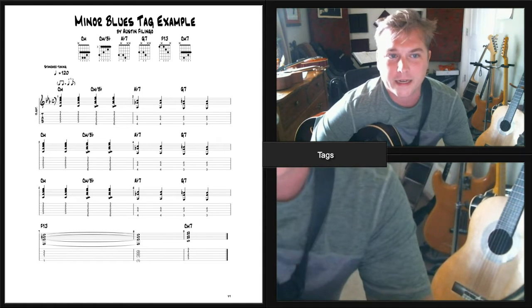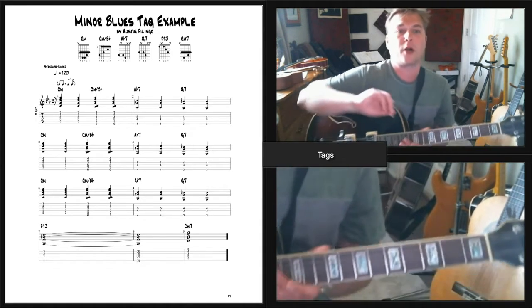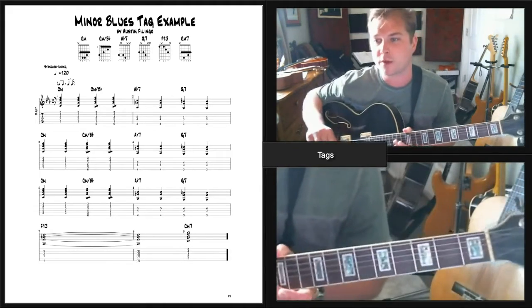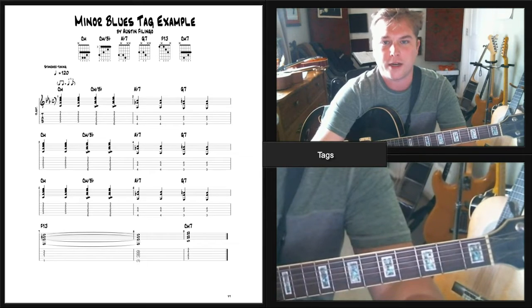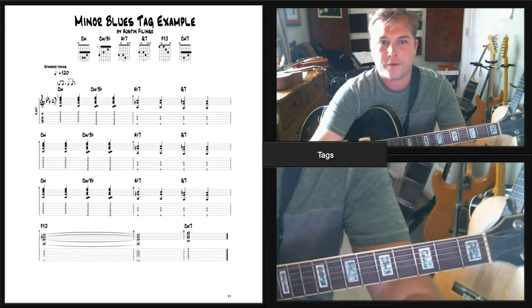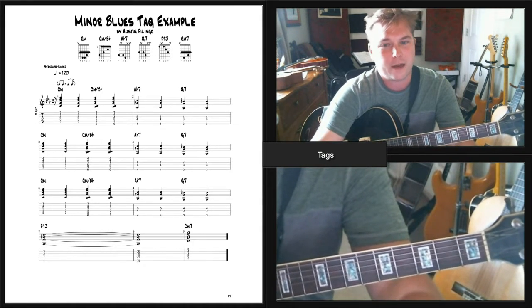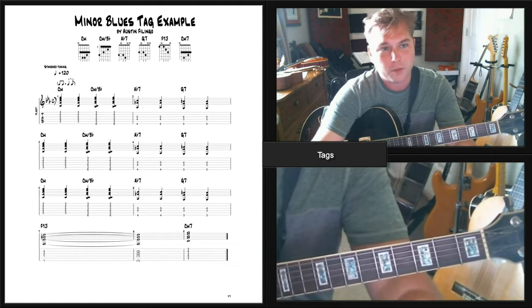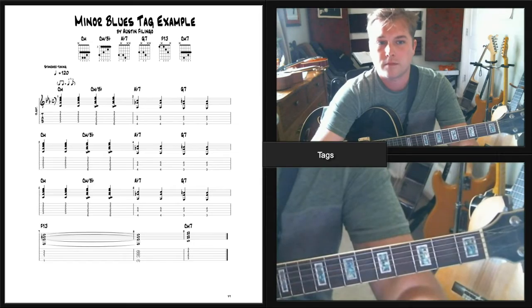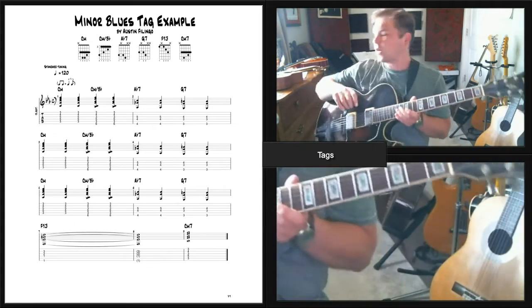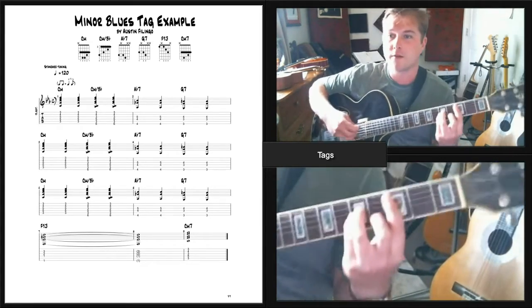All right, and like I said, guys, the fingerings are correct on all these chords. We won't spend too much time on this, but it's all here if you're interested in those chords. And they work great for minor blues, any sort of minor tune, right? So our first chord is just a straight C minor.